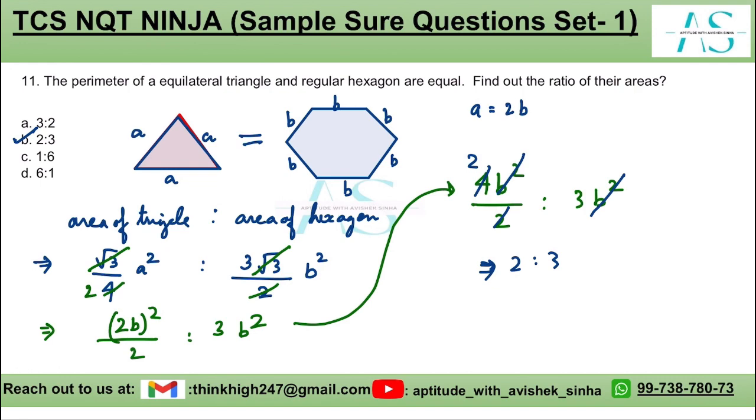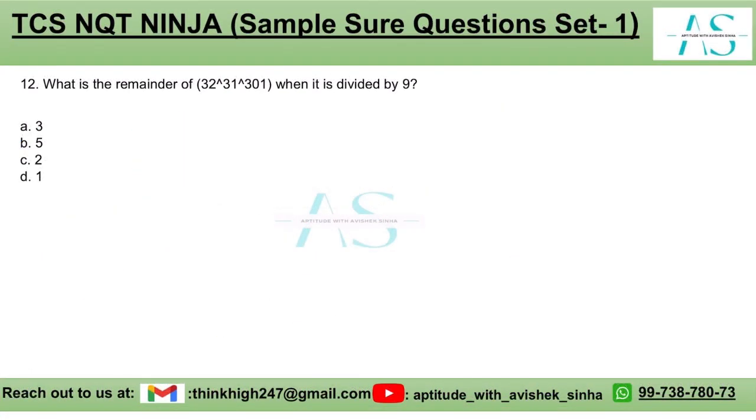Moving on to the next question. What is the remainder of 32 to the power 31 to the power 301 when this value is divided by 9? We are looking out for the remainder. Now, these type of questions can always be simplified using the Euler's totient method.